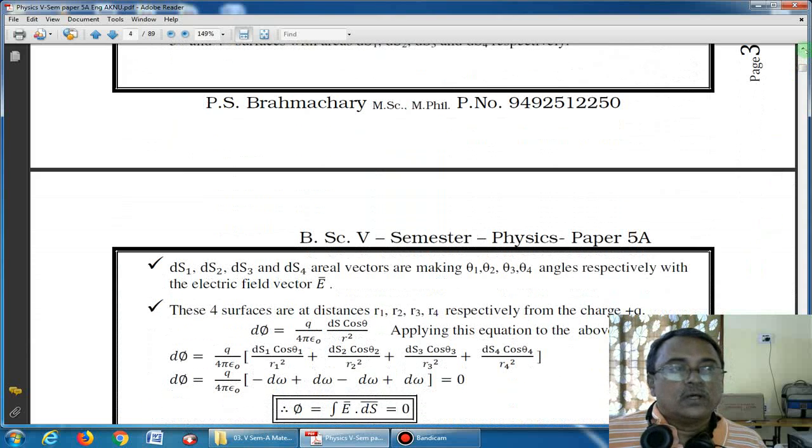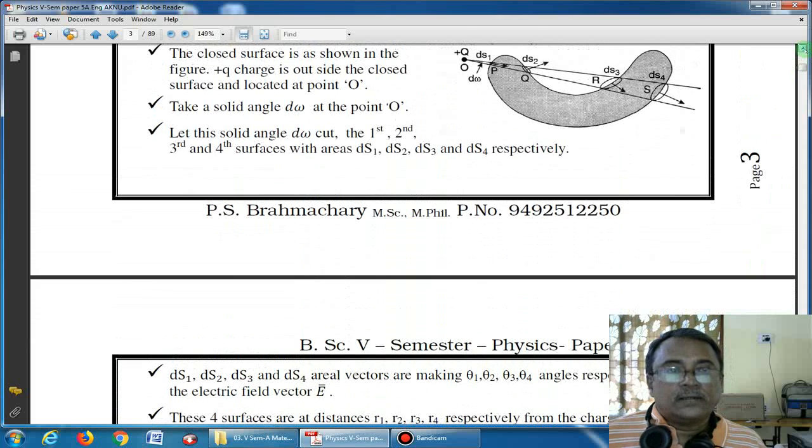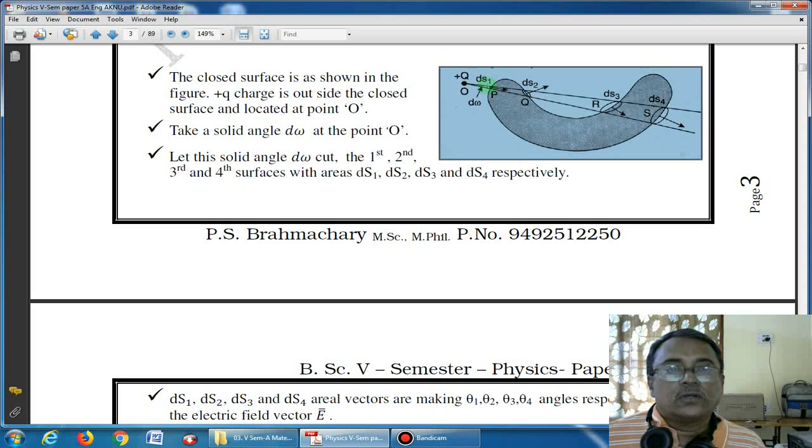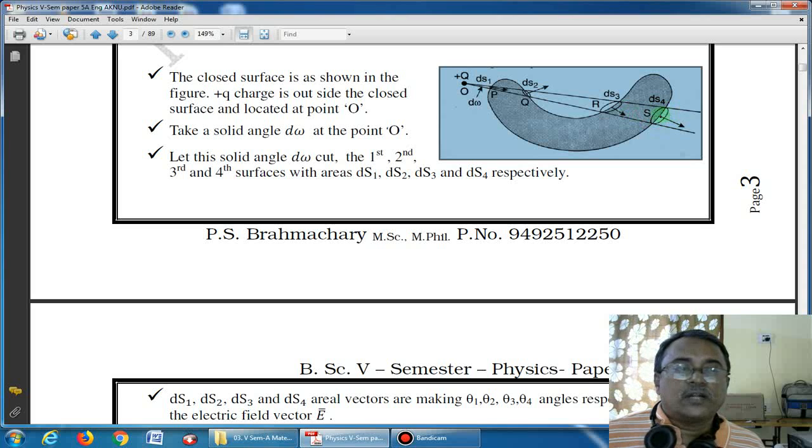Next, this ds1 is making an angle theta 1 with the electric field intensity. The electric field intensity is to be shown from the point O on to the surface S4 center point.